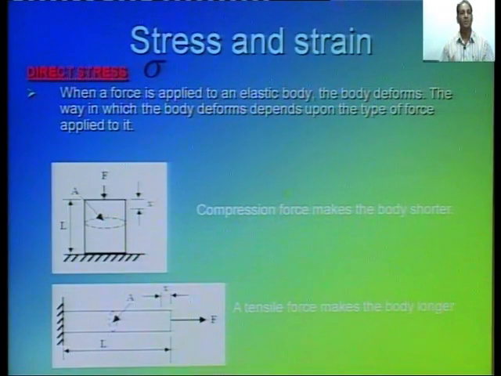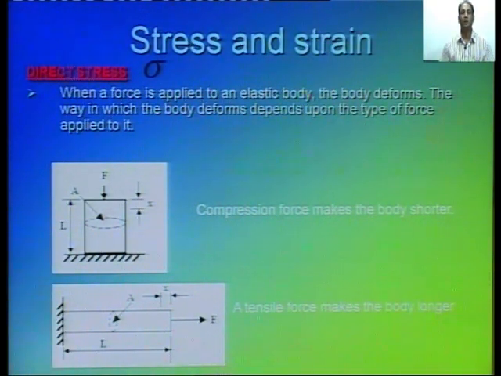So, stress means direct stress under direct load. Direct stress is denoted by the letter sigma. When a force is applied to an elastic body, the body deforms. The way in which the body deforms depends upon the type of force applied on it. Due to removal of the force, the body regains its original shape.